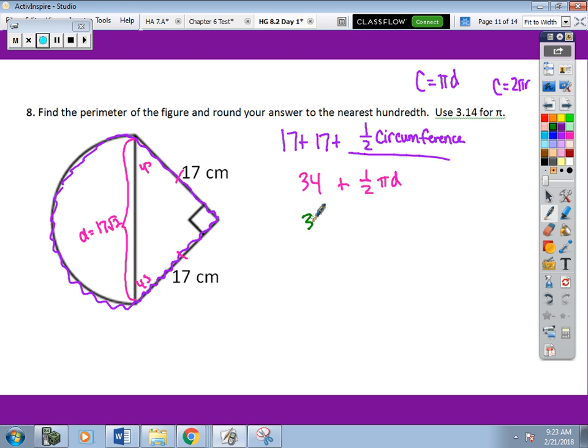So, they do tell us to use 3.14 or the pi key in our calculator, and the diameter will be 17 root 2. So we are going to round this to the nearest hundredth, which is 2 decimal places at the end of the problem. So I will type this whole thing in my calculator.